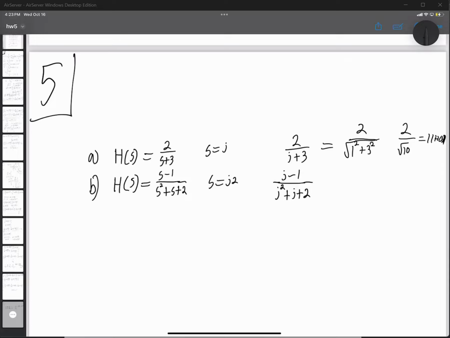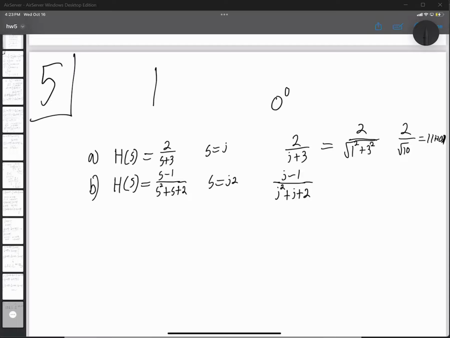And then let's find the phasor. The phasor for that is going to be 0 minus whatever, because the angle up top is 0, because it's only a real part. So it's cosine.